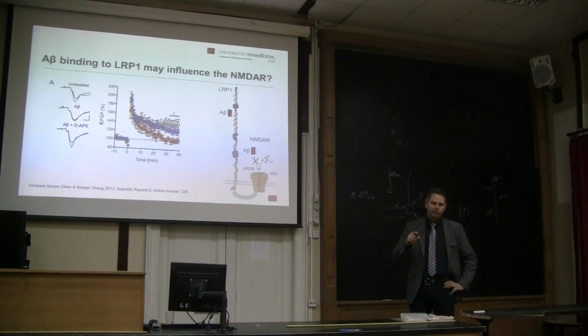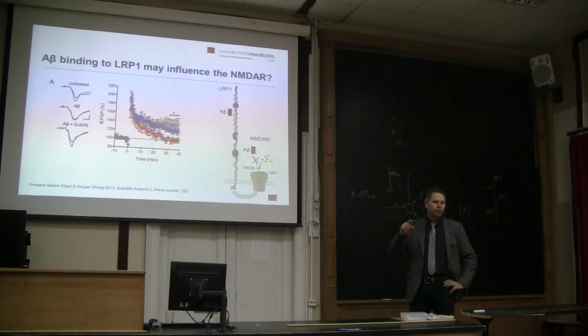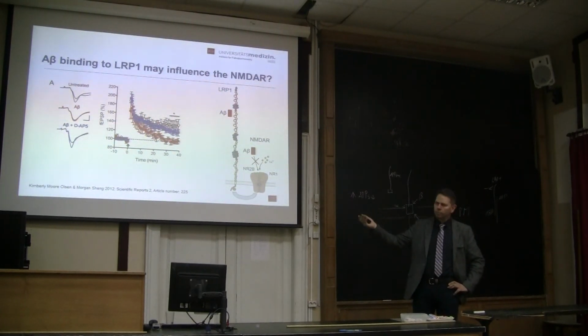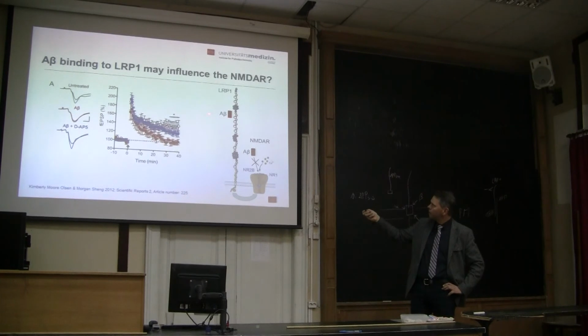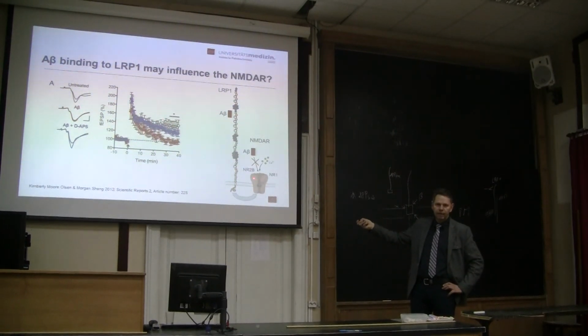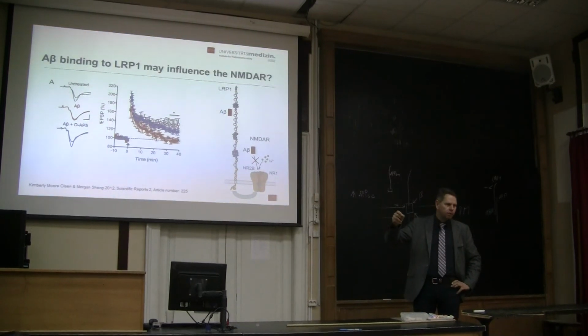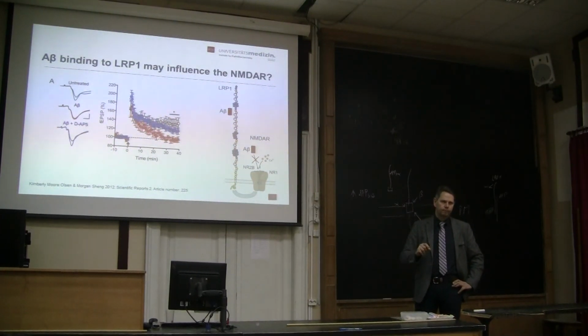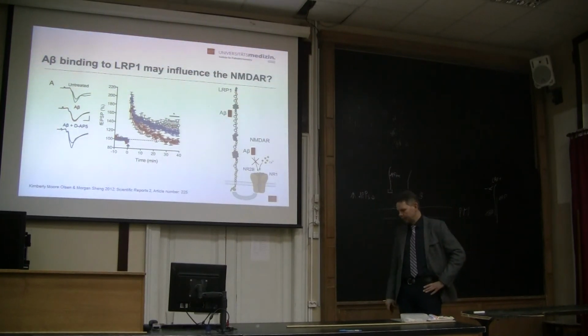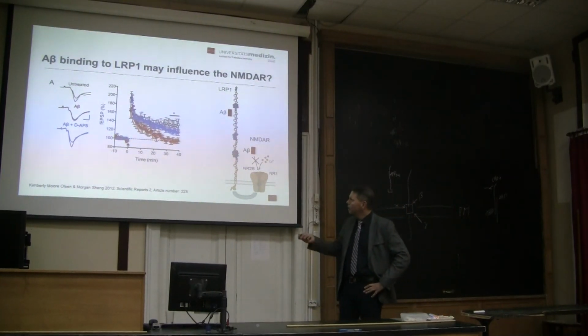So theoretically, and that's what we're doing now, we want to find out whether the whole story I told you before could be mimicking this effect: that A beta binds to LRP, which then has an effect on the NMDA receptor, and we may be able to explain the story that way. I don't know whether that is correct. It's just pure speculation at the moment. So that was the reason why I told you the whole TPA story before.